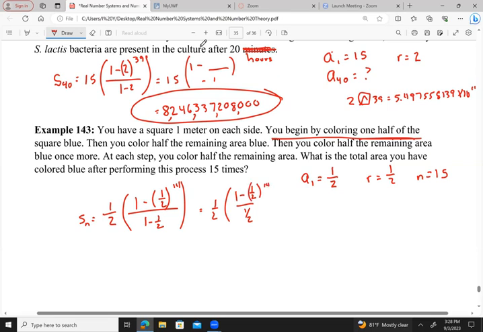Now, here's the interesting thing. 1/2 times something over 1/2, these cancel out. So now I'm left with 1 minus 1/2 to the 14th power, which we had equals 1 minus 1 over 16384. So it's 16383 over 16384. Almost completely done.